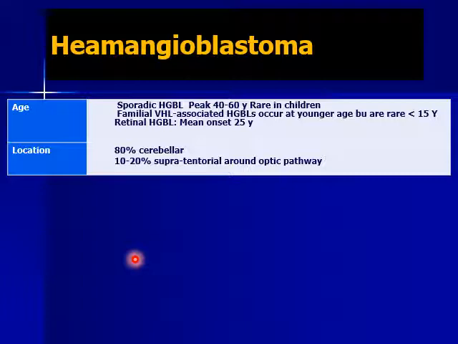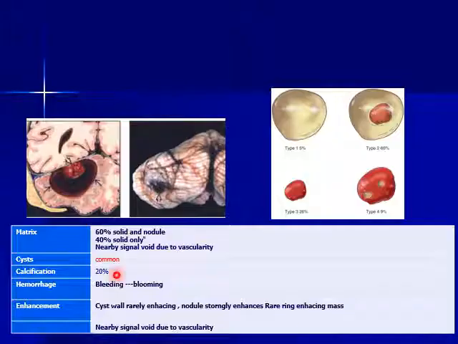Okay. The most common location is the cerebellum. It is seen in 80%, while 20% are seen supratentorially around the optic pathway. And of course, you know, if we find one hemangioblastoma, we should look for other early evolving hemangioblastomas along the whole neuraxis, including the spine and the rest of the brain.